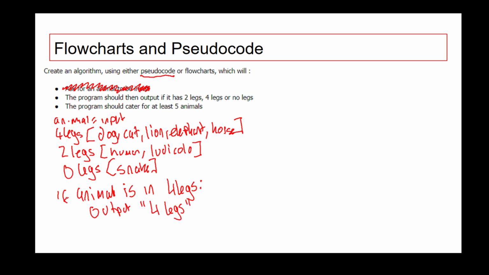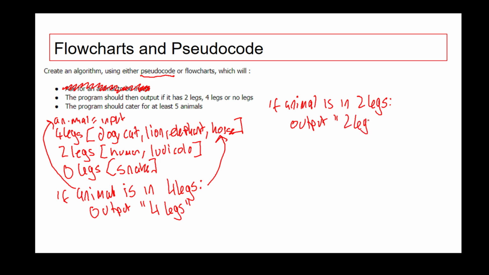So what I'm saying is if the animal, which is what we've got here, is in the 4legs array, output 4legs. I could also write as well, I'm just going to do it over here, but you do it underneath it. If animal is in 2legs, I could go output 2legs.